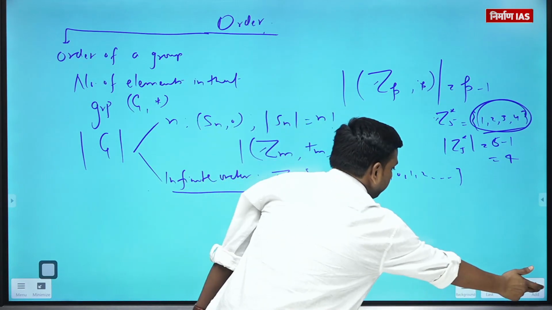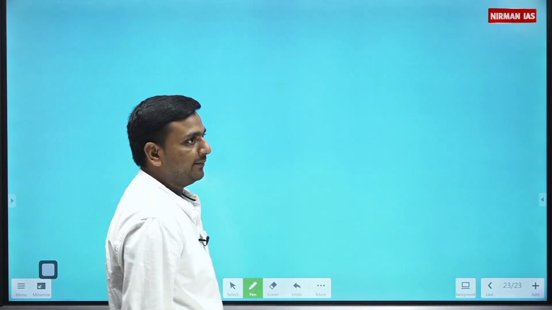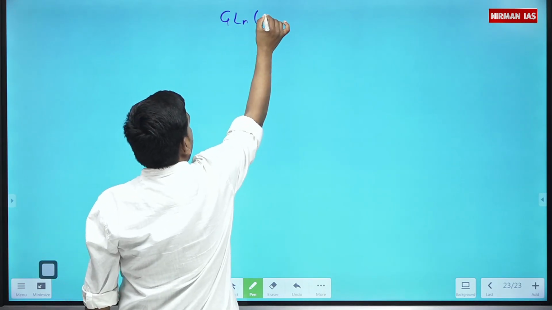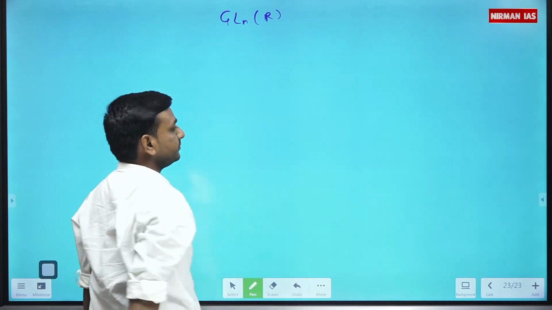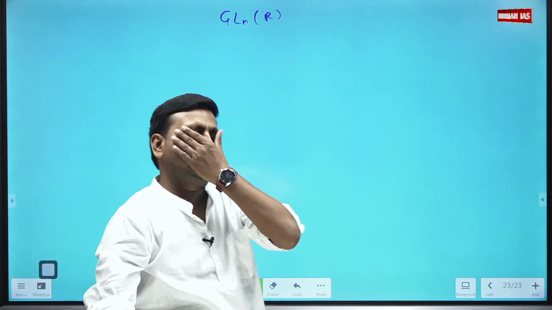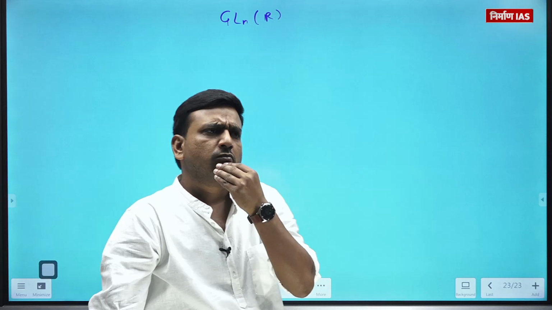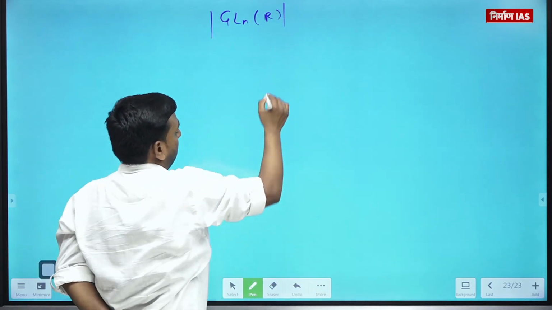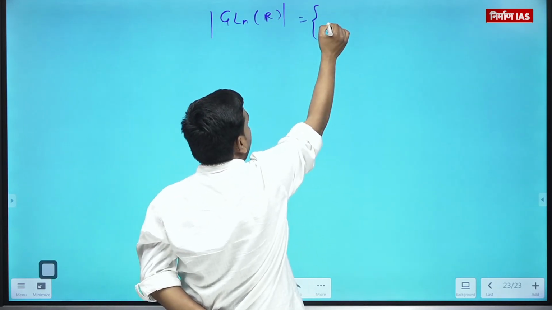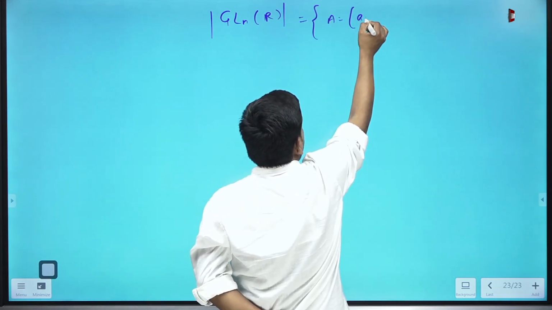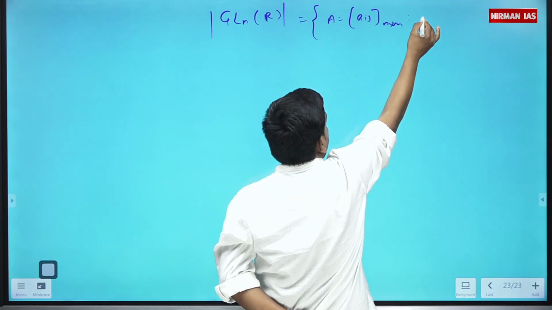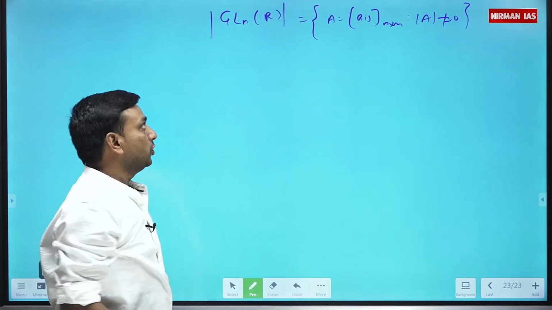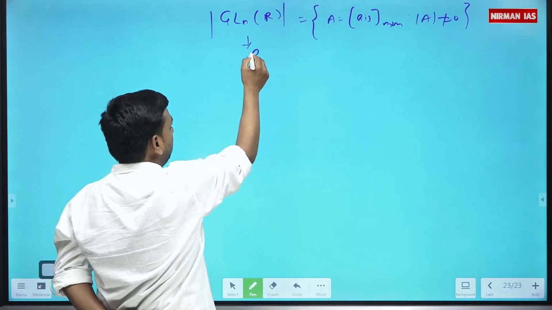Let's take some interesting example for order of a group: GLn(R). If I talk about GLn(R), how many matrices can you form, dear, n by n with determinant non-zero? Obviously infinitely many, so the cardinality will go to infinity.